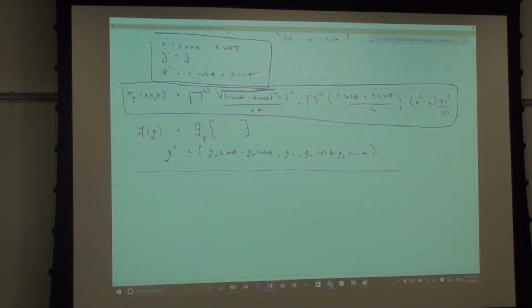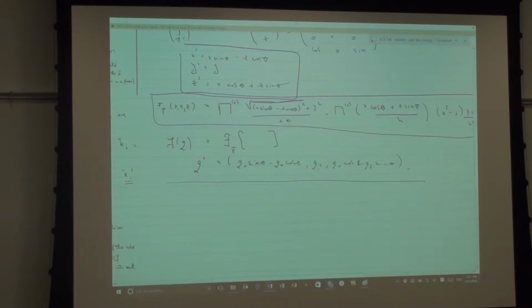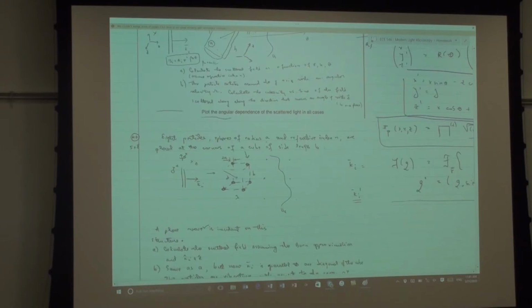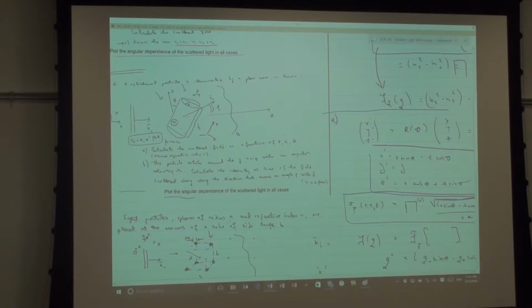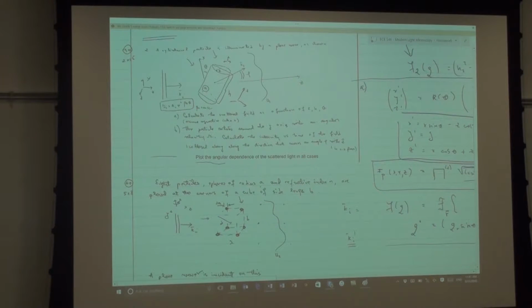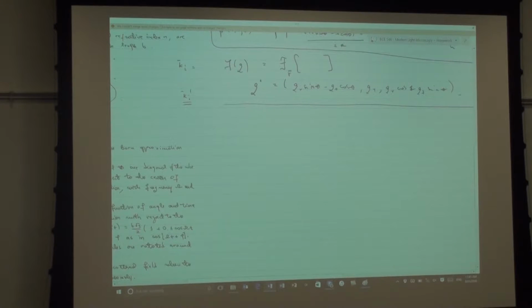So now let's see if I'm trying to do it the simple way or the simpler way. This is a perfectly good way to do it. But if I'm lazy, wouldn't it be better if I rotate the K incident and leave the particle the same? How do I do that? Well, okay, so this is the second solution.